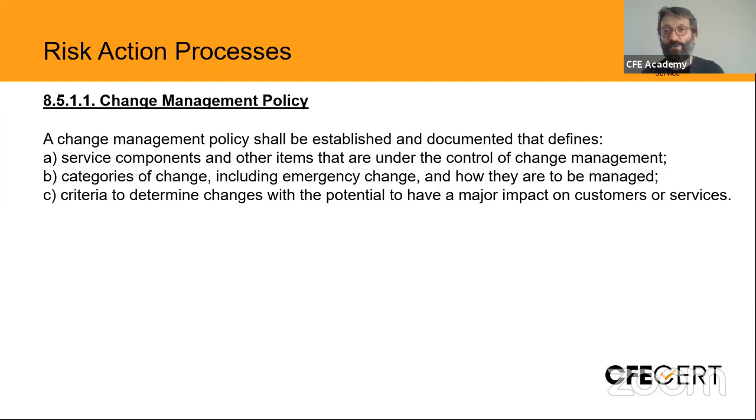So the change management policy says you have to write down every different change flow for every different attribute of every different CI which you want to control. In order to do that, you have to write down change flows for every different attribute, and there are different change flows.